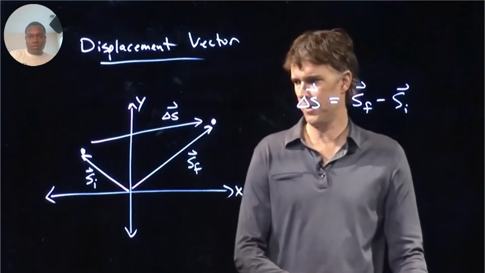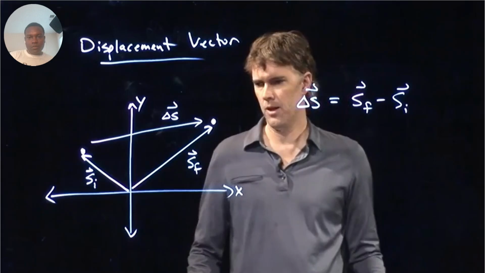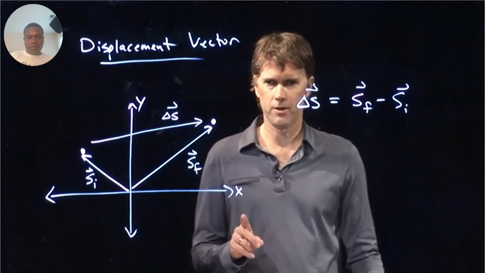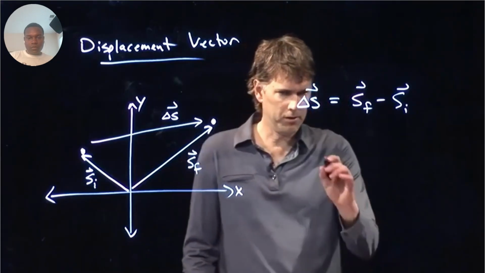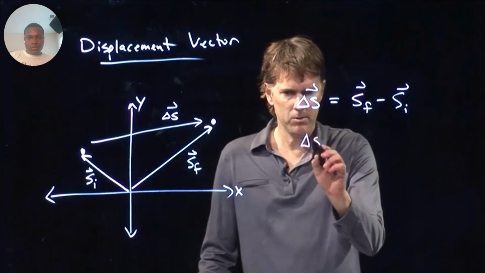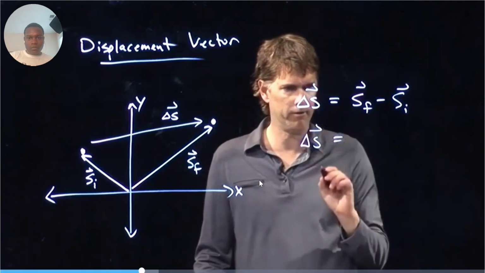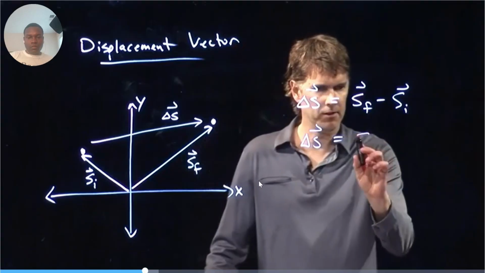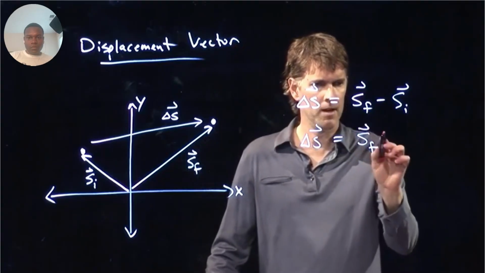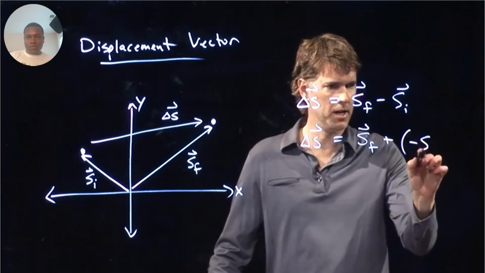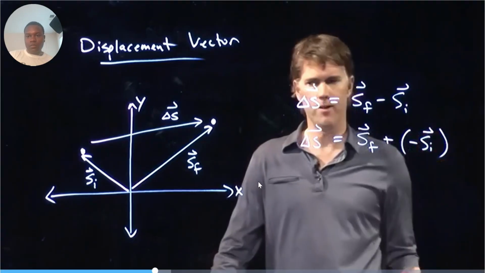Now let's convince ourselves that this is true based on our rules for vector addition. One thing we said was, if you are subtracting a vector, it's exactly the same as adding the negative of that vector.